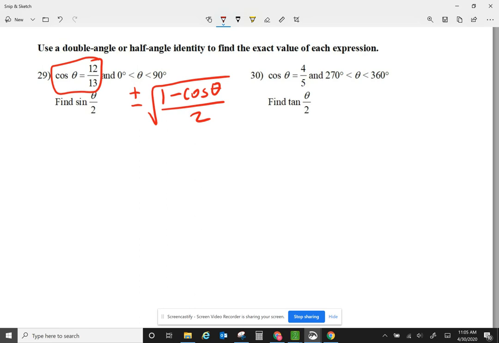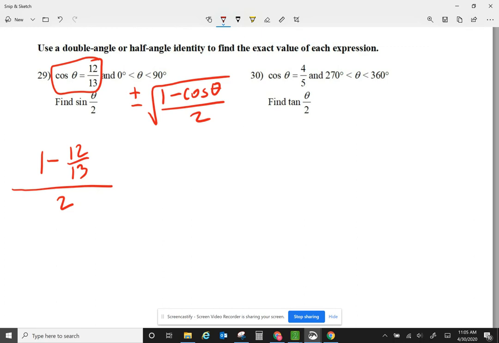For the moment, let me just worry about the fraction: 1 minus cosine of theta over 2, so 1 minus 12 over 13, all over 2.